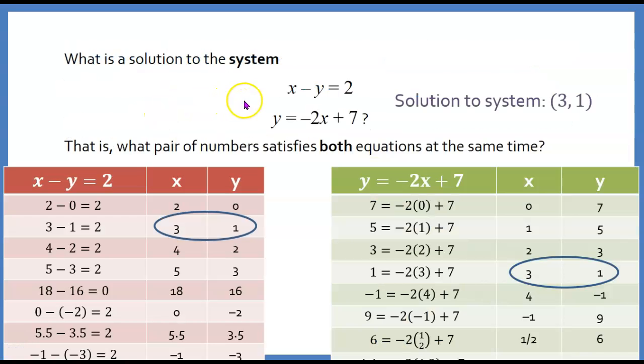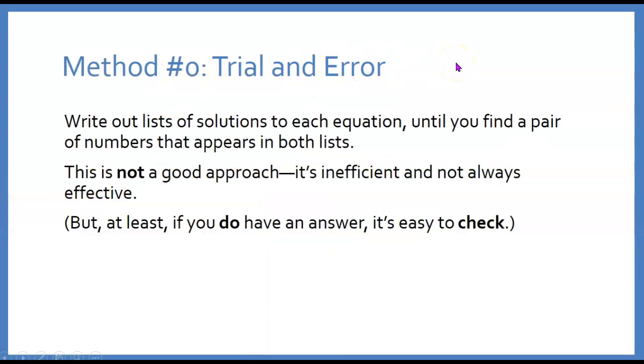Now remember back when we came up with a solution to the system x minus y equals 2 and y equals negative 2x plus 7, just by finding a bunch of pairs of numbers that work in each equation and looking for one that works in both of those, a pair of numbers that was on both lists. That's kind of the trial and error approach, and that's not really a good method.